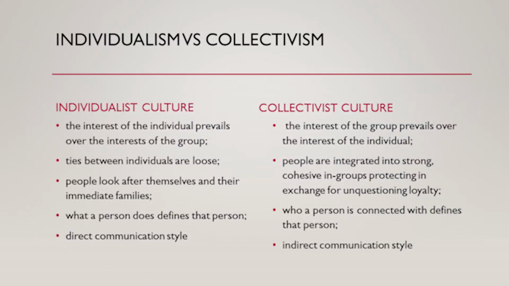Also, individualist societies are typically characterized by low context communication, whereas collectivist societies are more high context. And that is because of the differences in how much shared background people have.